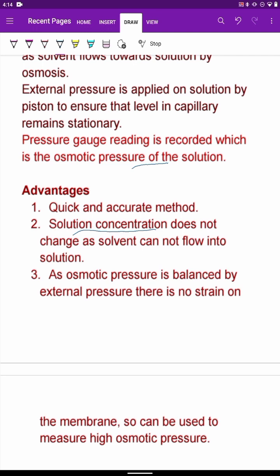So if we are required to measure high osmotic pressure also, we can use this method because the osmotic pressure is balanced by external pressure. So strain on the membrane will be negligible. This method can be used to measure high osmotic pressure.